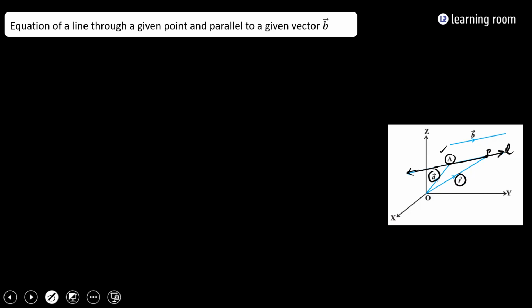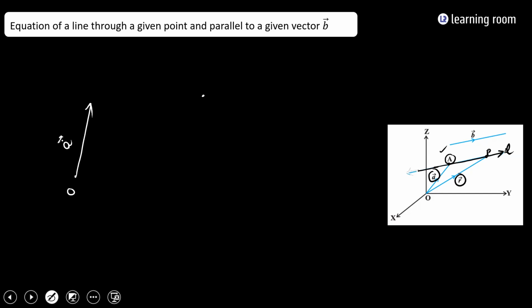And remember, wherever they say the word given, it means it is a constant, known to us, right? So here a is a constant, whereas vector r is a variable which can lie anywhere on this line, right?